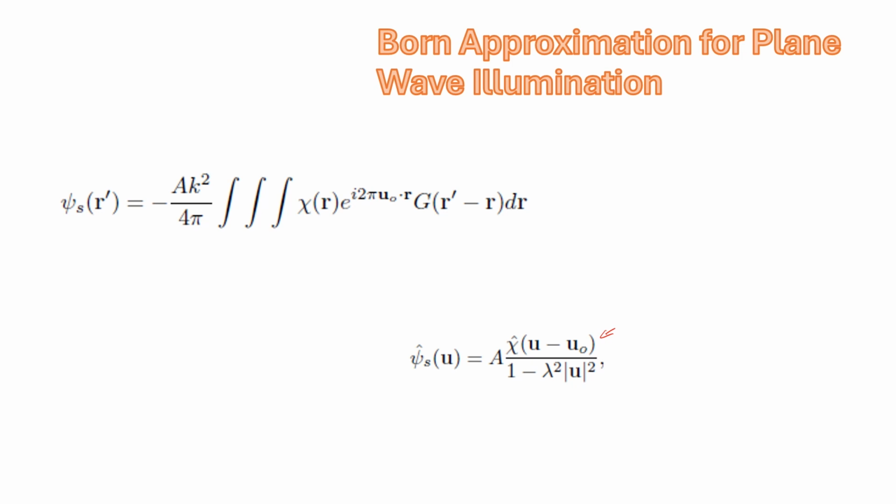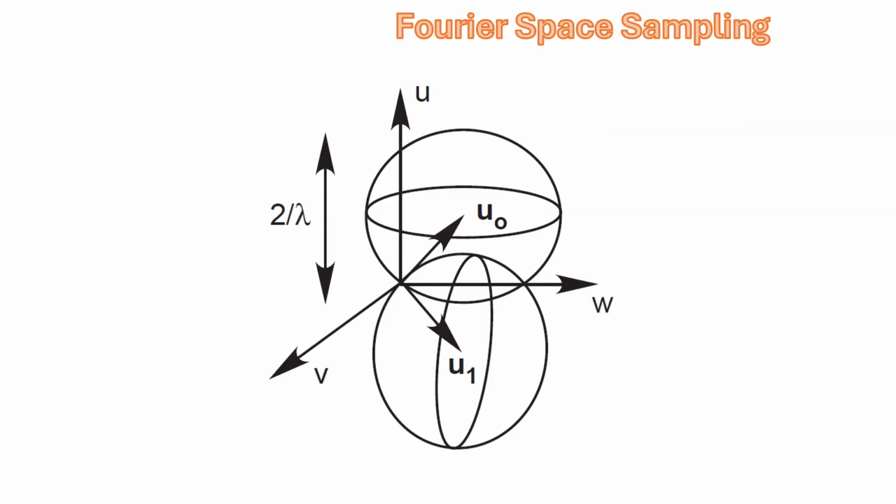So if we illuminated with a plane wave, let's say we have a plane wave U naught, the scattered field is the three-dimensional structure of the susceptibility on this sphere. This is the sphere corresponding to that pole in the scatter.